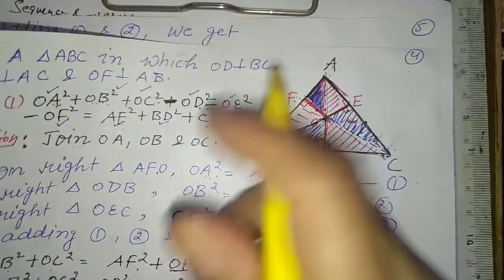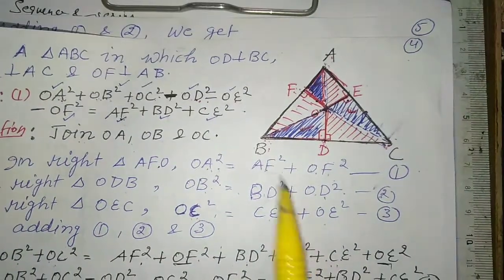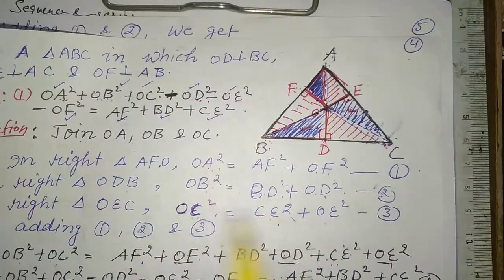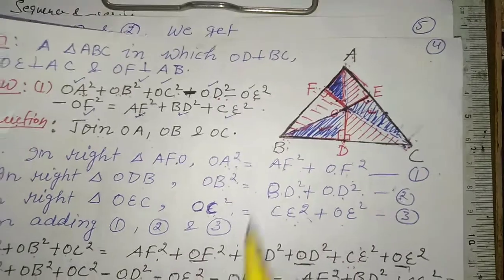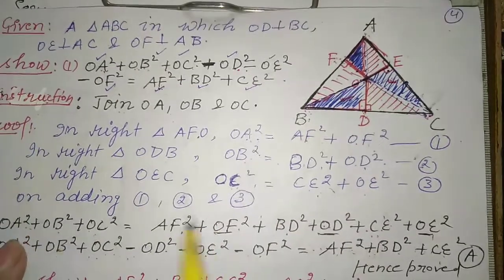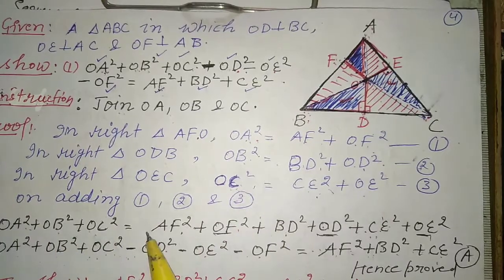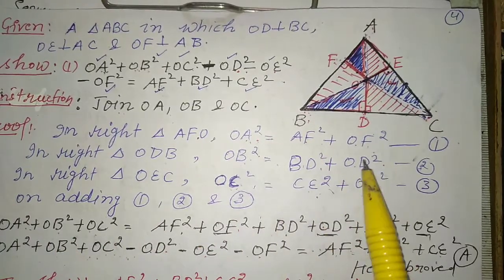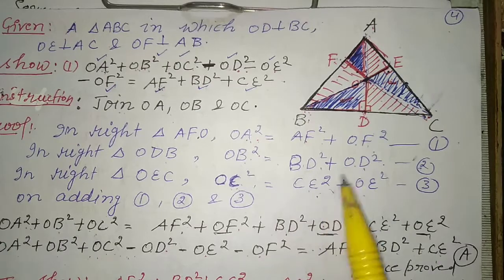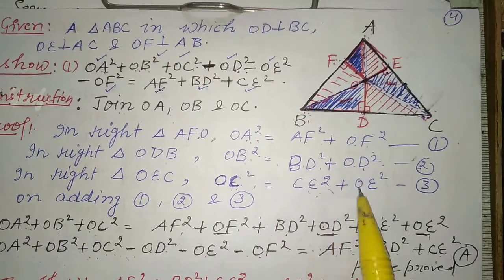So what we will do is add all 3 equations, left side to left side and right side to right side. OA square, OB square, OC square is equal to AF square, OF square, BD square, OD square, CE square, OE square.